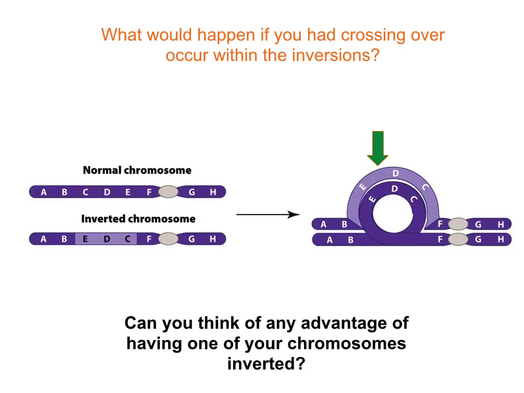A, B, E, right? And then D, C, right? A, B, E, D, C, B, A. D, C, B, A. Okay, here's that gamete. The other one would then be what?